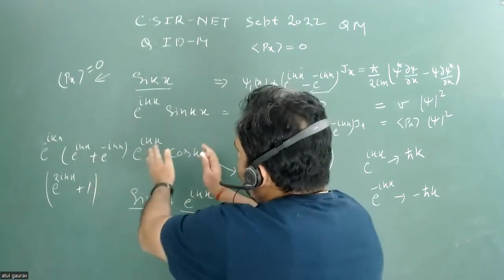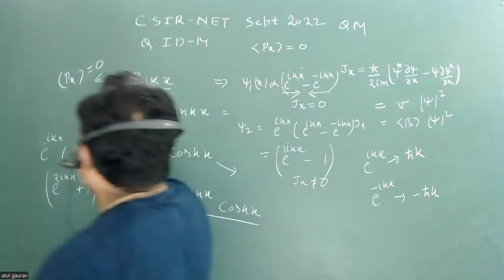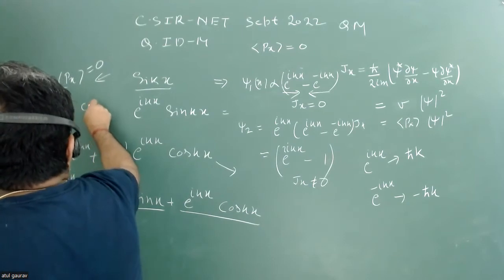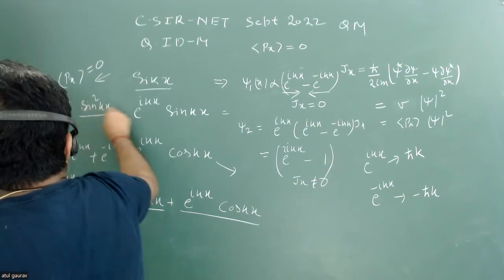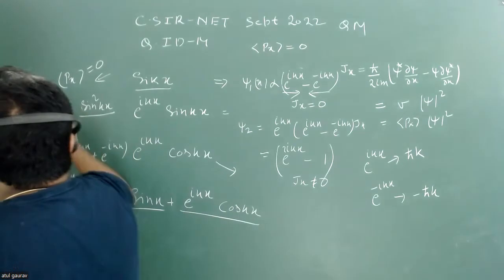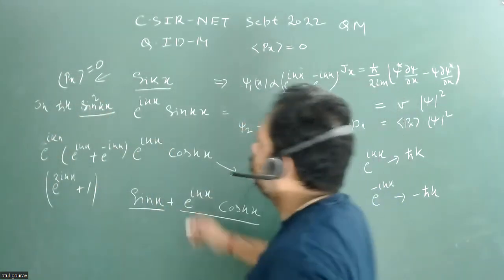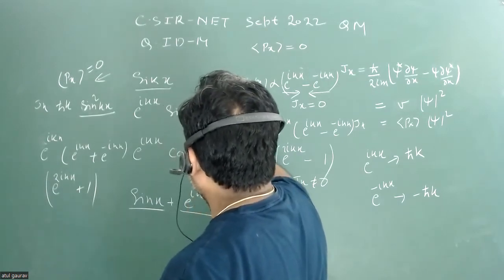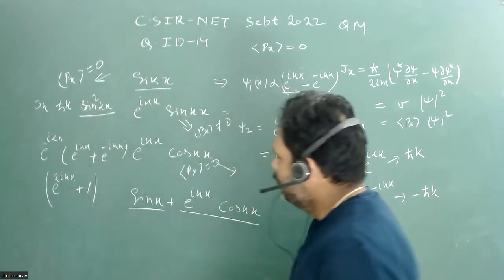If you calculate the current density, you can easily get it as ħk times sin²(kx), something like this. If you have this sort of current density, obviously the momentum is not going to zero. So in this case, and similarly in the other case, the expectation value of momentum is not zero.